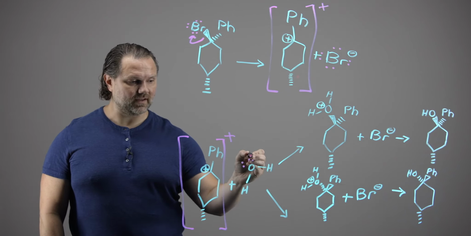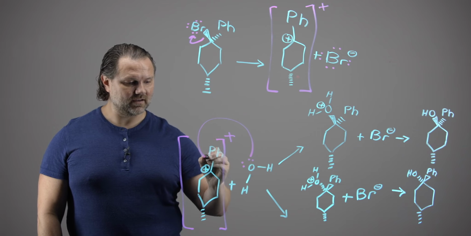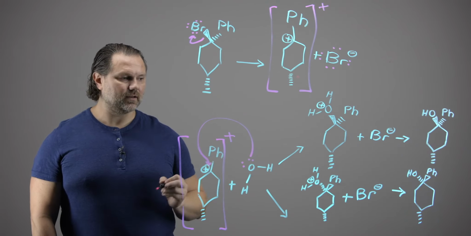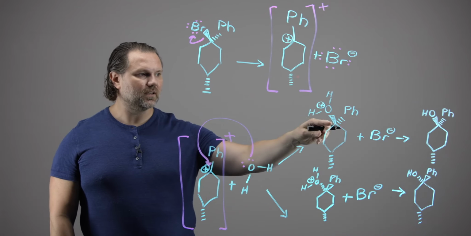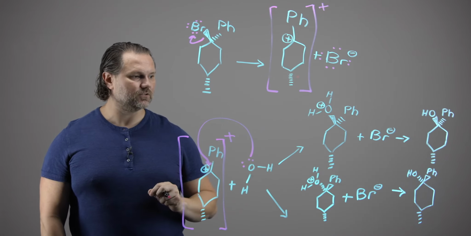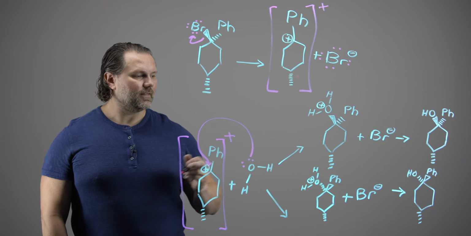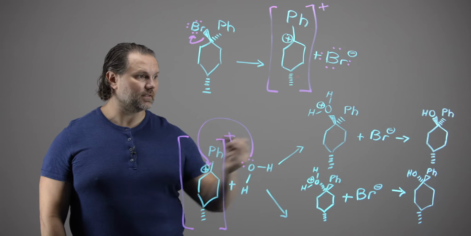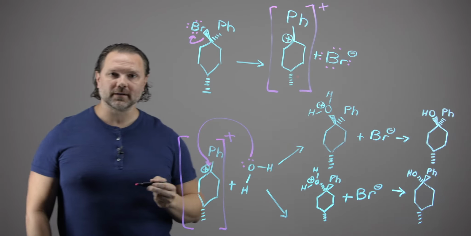So let's draw that. It will attack our carbon, our carbocation, forming a new chemical bond between the carbon and the oxygen. And then in the next step, the bromine is going to do something to form an eventual product.